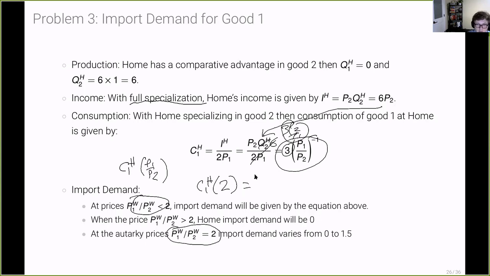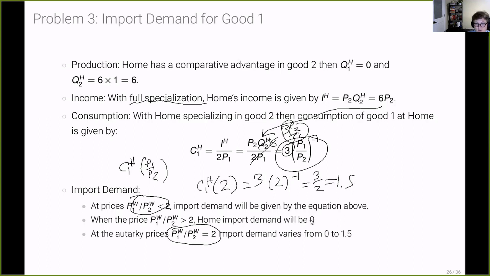Well, then that's equal to 3 times 2 raised to the exponent -1, which is equal to 3 over 2. So this is 1.5. So if prices get down to 2, then we have consumption of 1.5.